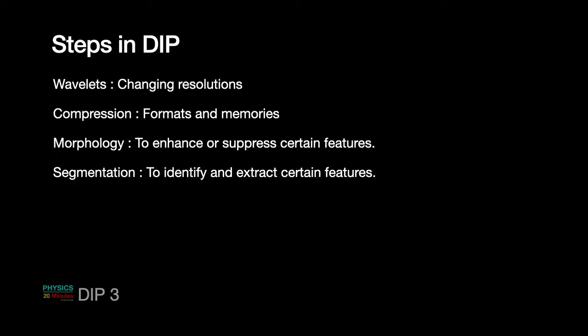Segmentation is the division. You can divide the image into its components. You can identify a particular component. Suppose you want to identify disks or rings. You can identify those components or features, and you can count them or further process them.